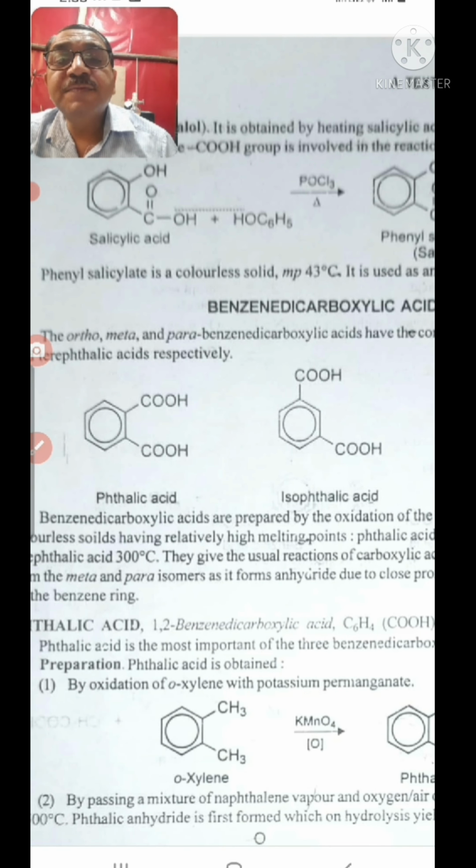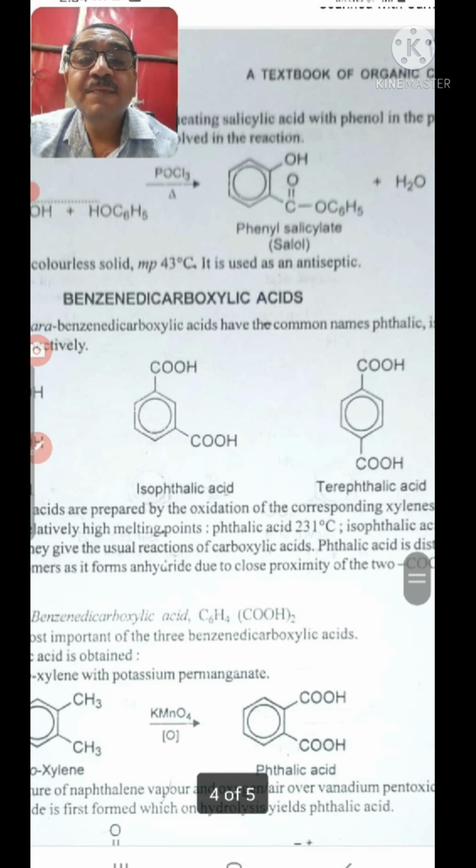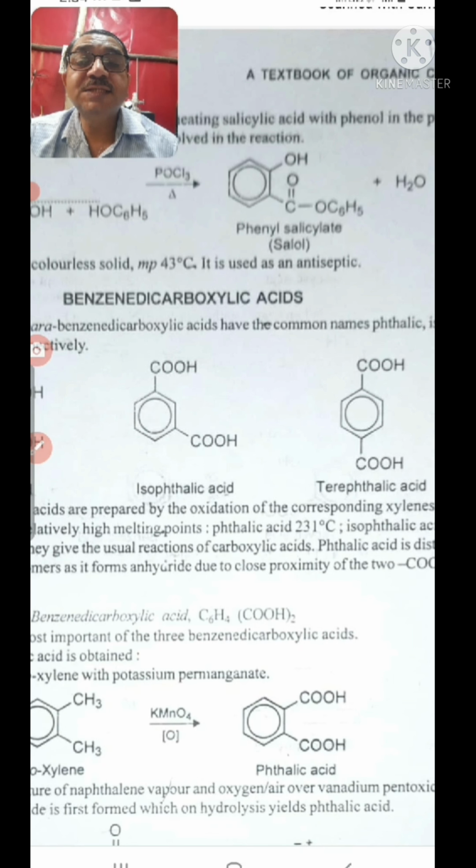When the ortho substituted carboxylic acid is there, we call it phthalic acid. When meta and para are there, they have other names, isophthalic acid and terephthalic acid.